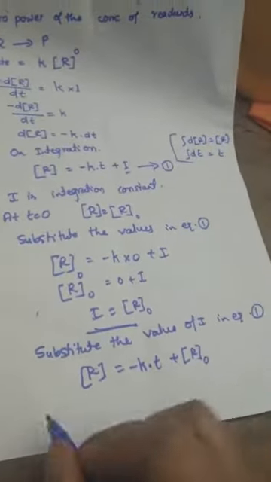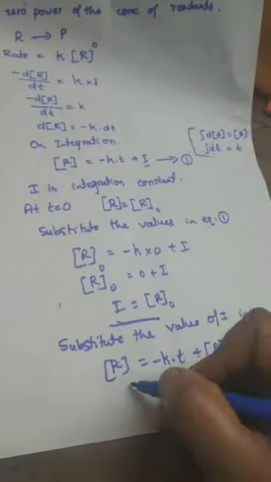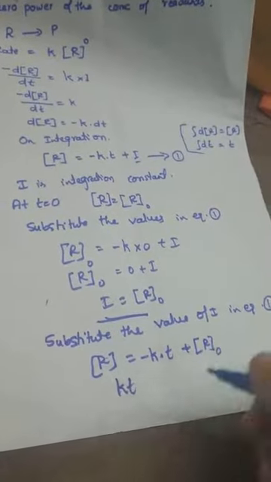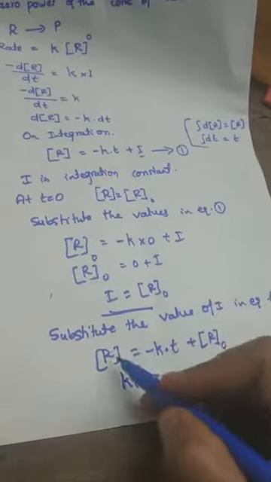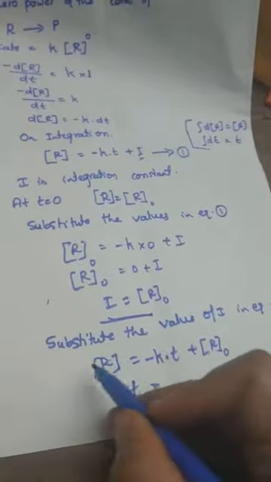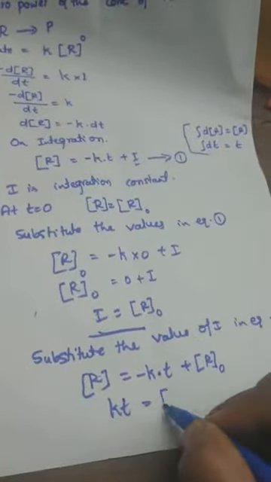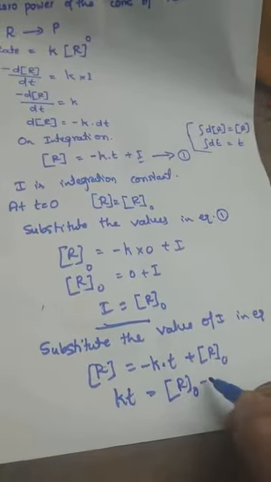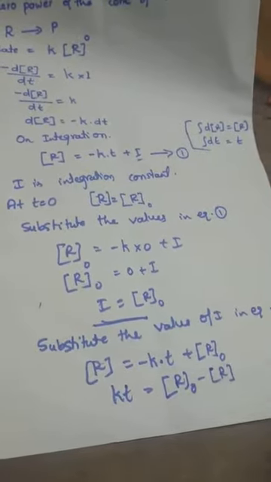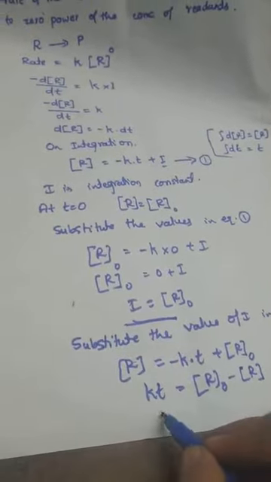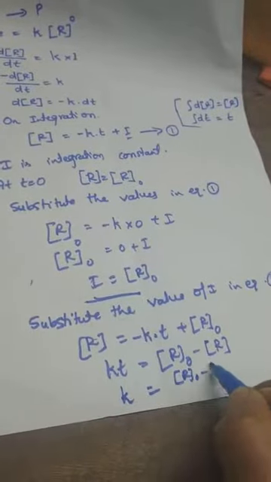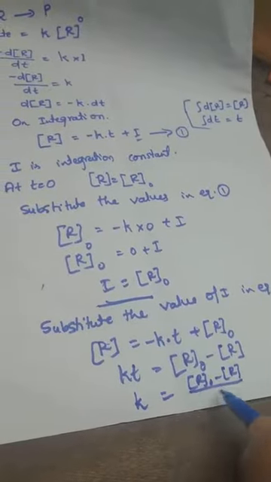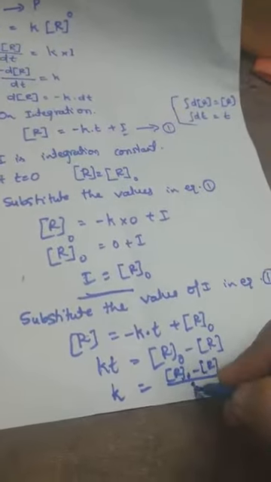By rearranging this equation, I'll shift Kt to the other side, and this becomes negative, so I'll write R naught first and minus R. So if you want K, you can write K equals R naught minus R divided by t.